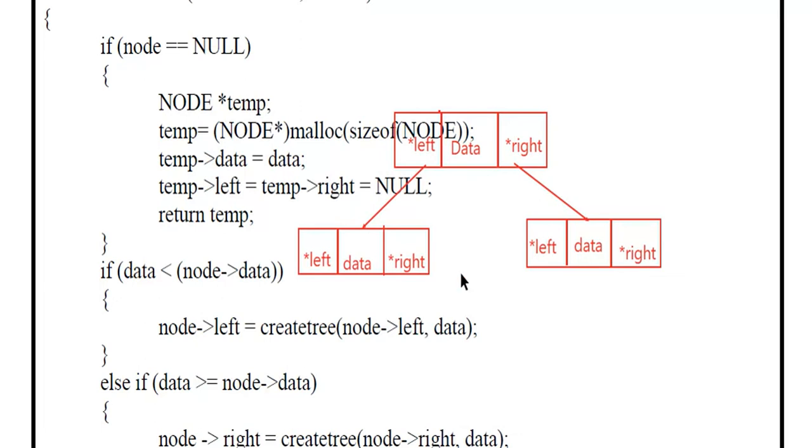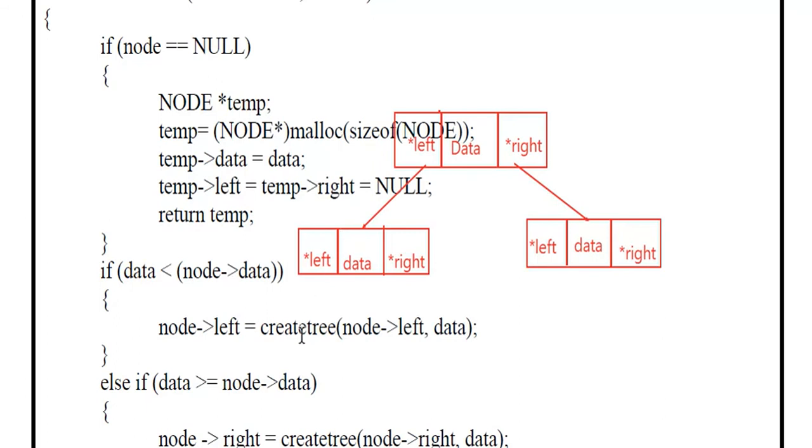If the tree already contains some nodes, then before insertion we have to check the location where the new node has to be created. So we compare the data of the node we are going to create with the root node's data. If the data we are considering is less than the root node data, then the node will be made the left child.